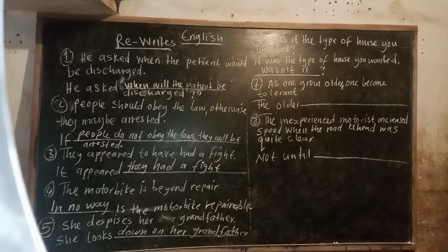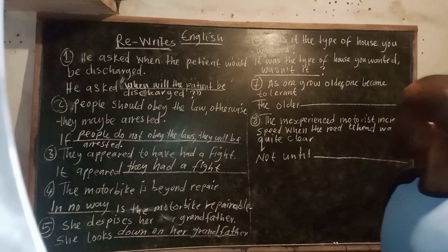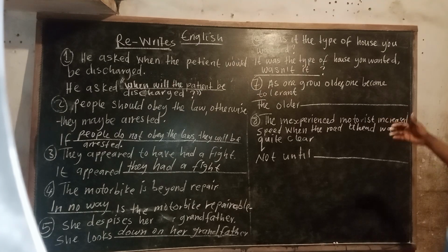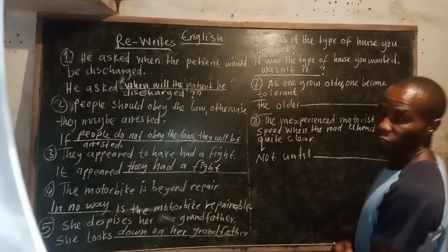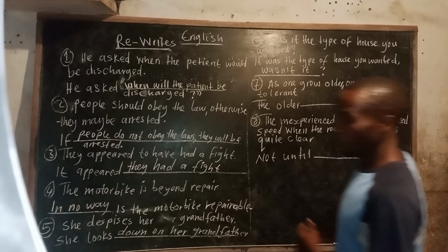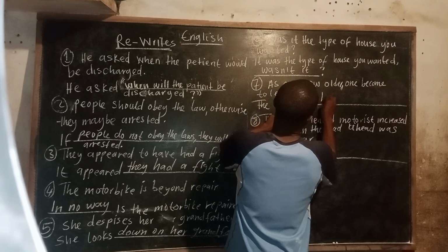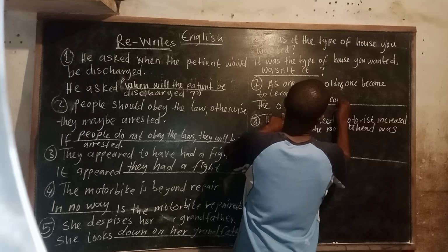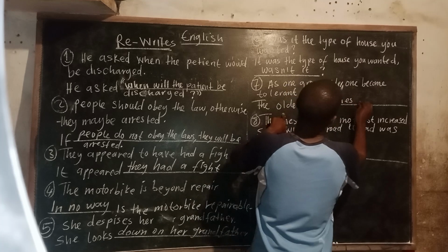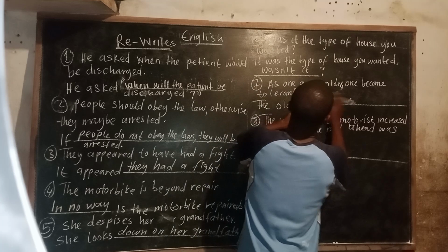Then you go to question 7. As one grow older, one become tolerant. So now, how are we going to write this one? They have started for you. The older one grow, not become, but grow.